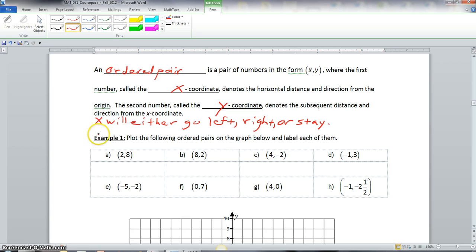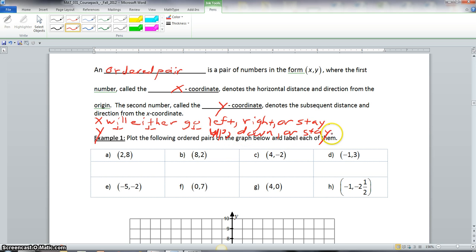Now we will look at the y value. I'm not going to write out "will either go," but this also applies to the y. So you can write down "will either go" up, down, or stay.